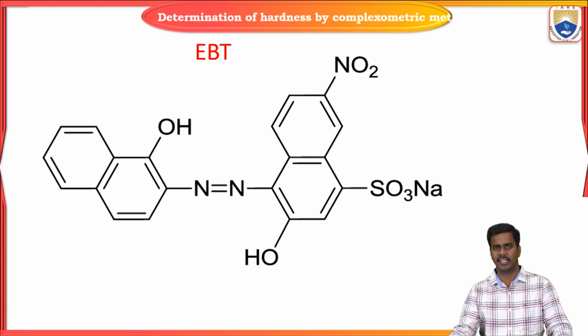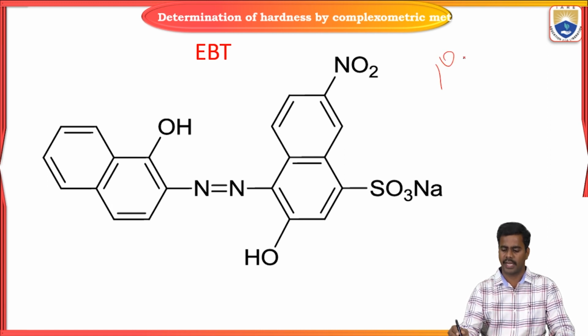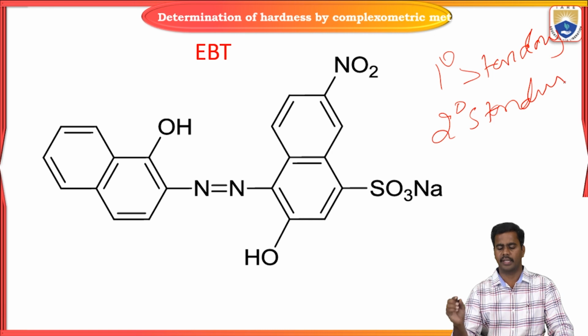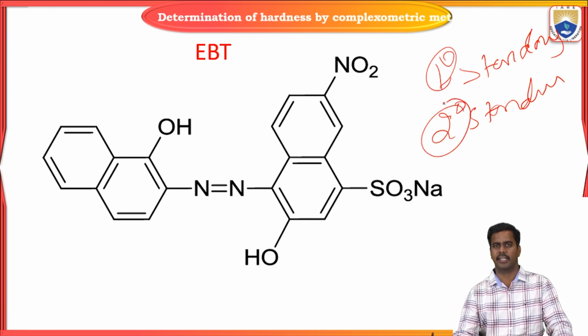So what is the standardization of EDTA? That's why we have to discuss it. There are two types of standards in chemistry: primary standards and secondary standards. So what is a primary standard and what is a secondary standard?